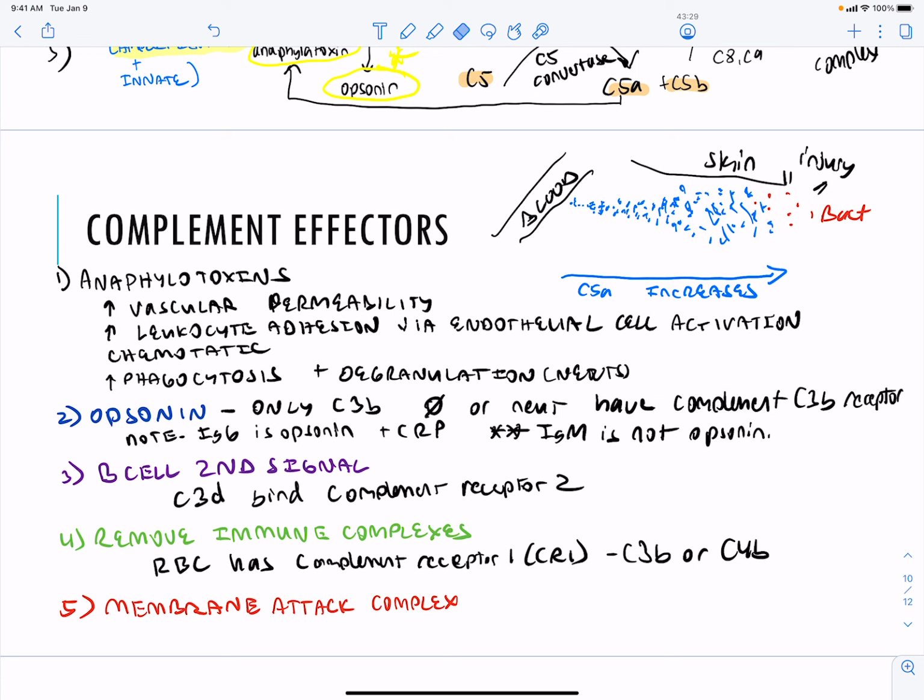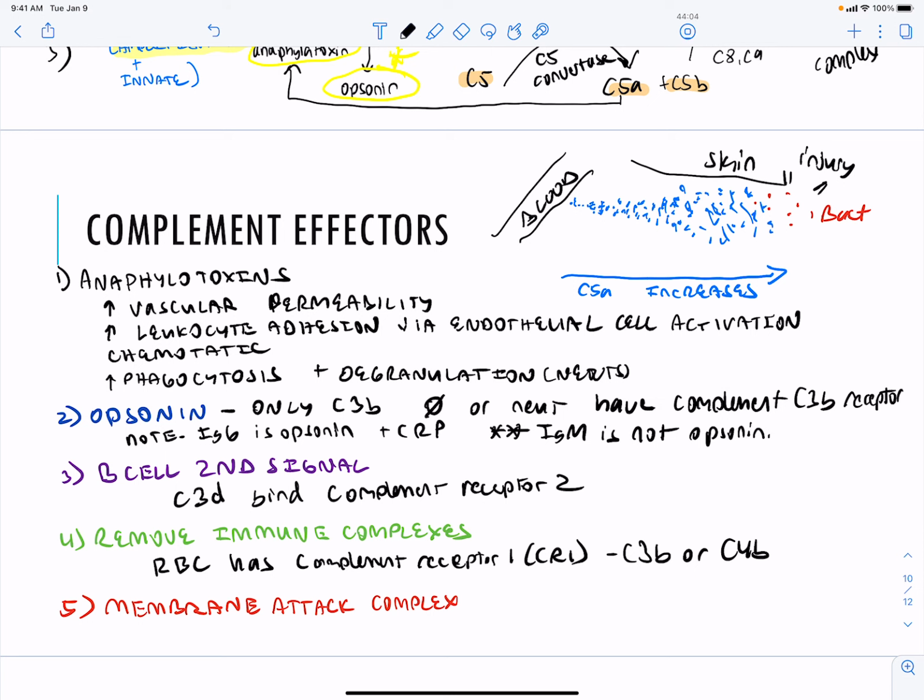And so typically what happens is your complement will bind to bacteria so they can land on the bacteria's surface, such as C3b, and act as an opsonin for a macrophage or neutrophil. But oftentimes your C3b, your antibodies, they all get jumbled up into these giant immune complexes that get into your blood and get lodged into capillaries. And so red blood cells, because they go everywhere in your body, have complement receptor 1 on their surface.